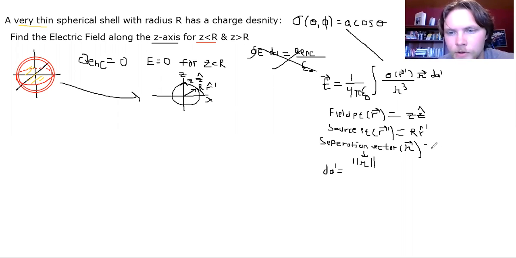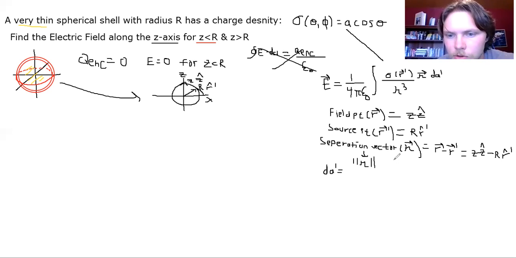And the separation vector is just defined as the field point minus the source point, r vector minus r prime vector. And we already know the field and source points, so that's just going to be z times z-hat minus R times r-hat prime, right?